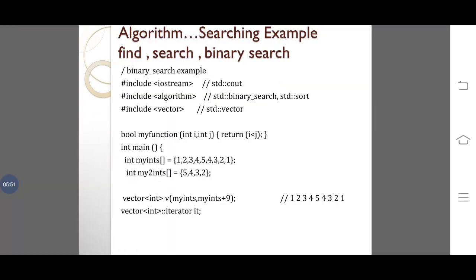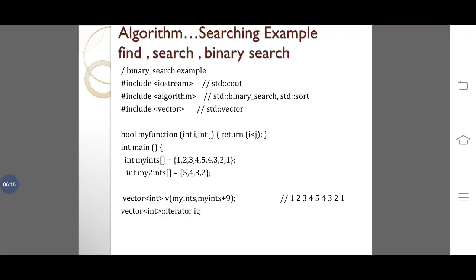Now for example, for binary search, you again include the header file algorithm. We are taking a vector. In my function which takes integer i, integer j, I check whether i is less than j. If i is less than j, I return 1; if i is not less than j, then I return 0.